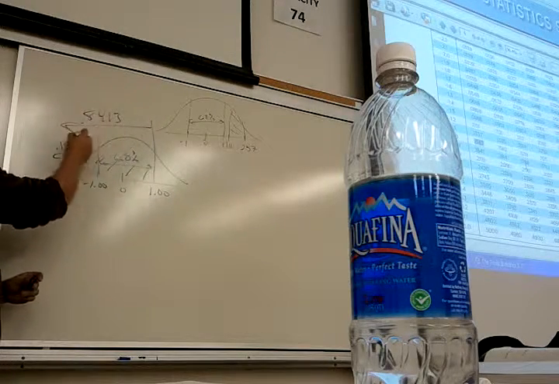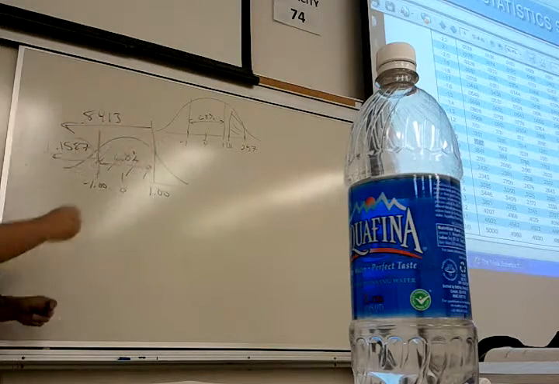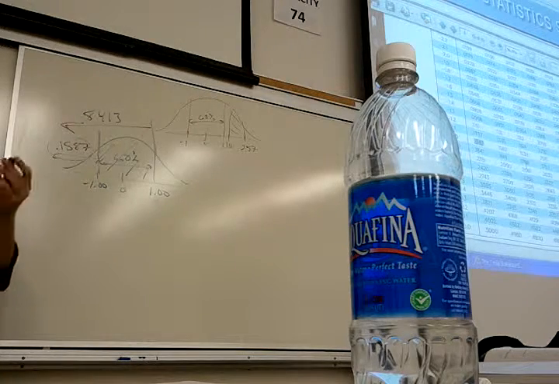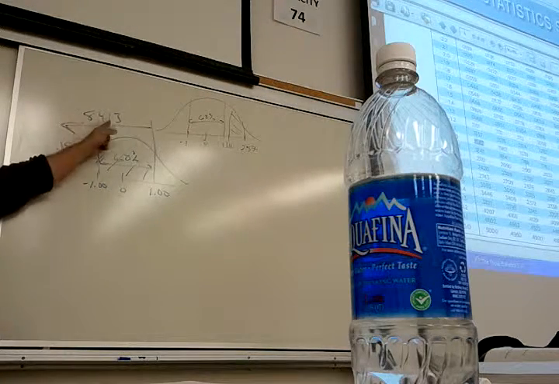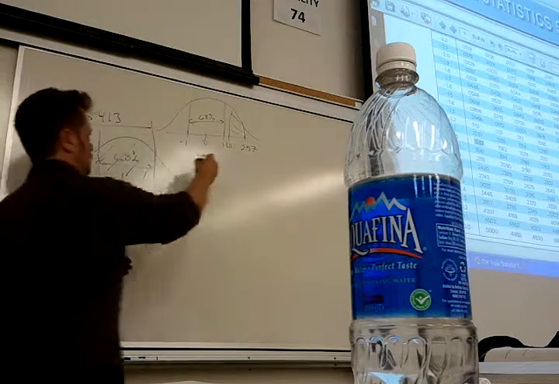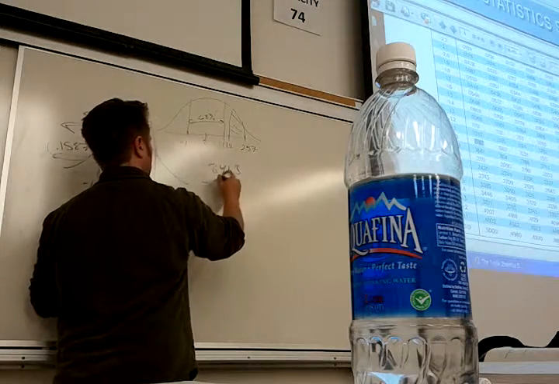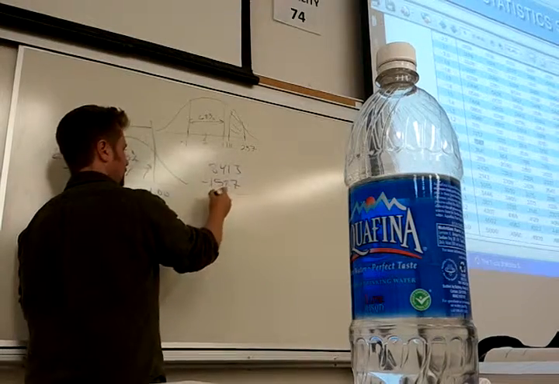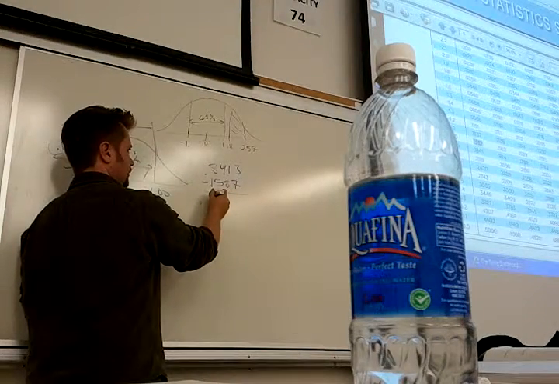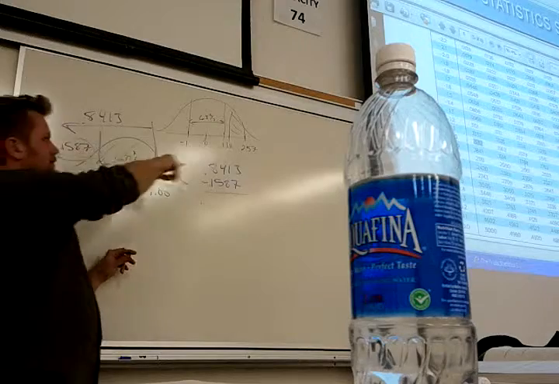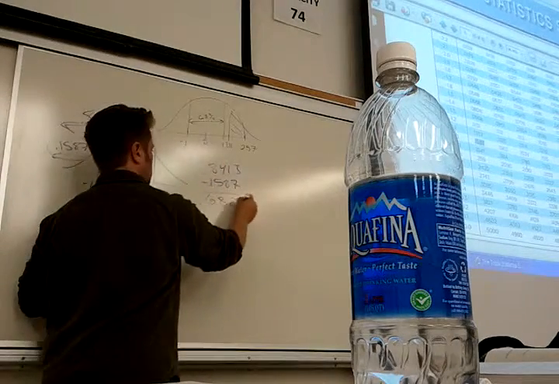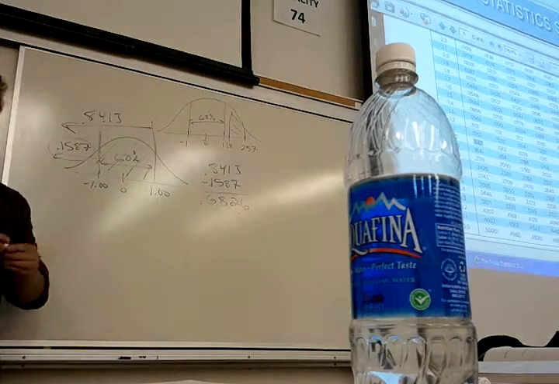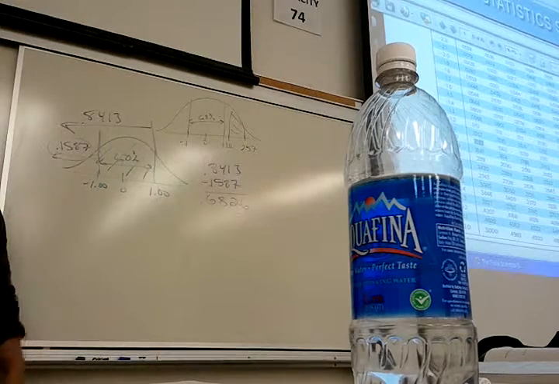If I subtract that much, that'll be what's in between. Physically, that makes sense. So what is 0.8413 minus 0.1587? It's 0.6826, which is basically 68%, rounded to a whole number.